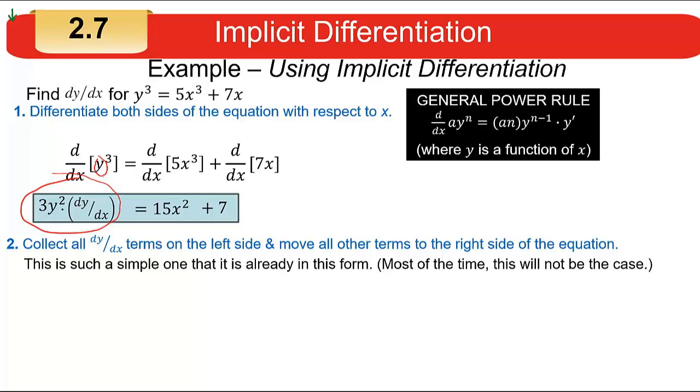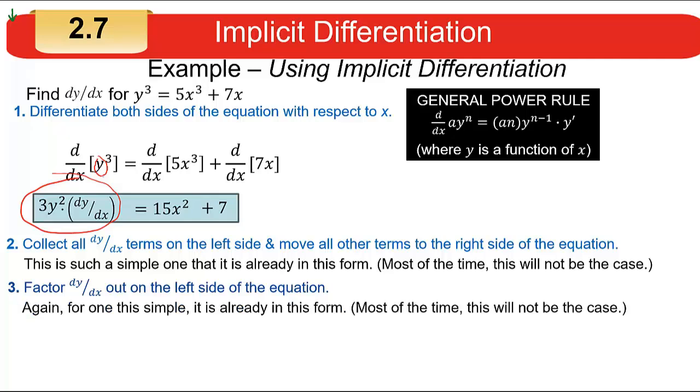There's nothing to move over. There's nothing else to do. Also, it says to factor the dy over dx out on the left side of the equation. Well, again, it's already done that way. So when I said earlier that I wanted to start off with a really simple example, this is what I meant. There's really not a whole lot to do except taking the basic derivative term by term all the way through.